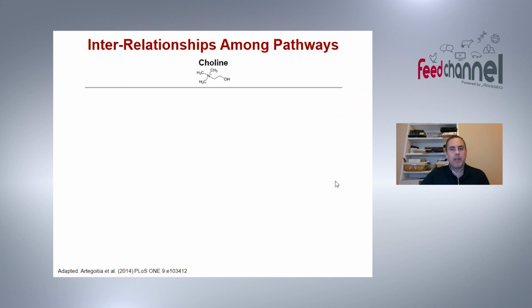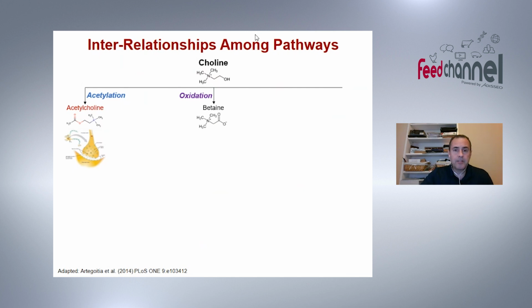So in this particular case, choline, which is a water-soluble molecule, can undergo acetylation to form acetylcholine in neurons or in the nerve tissue, which is an important neurotransmitter in the central and peripheral nerve system for communication between neurons.